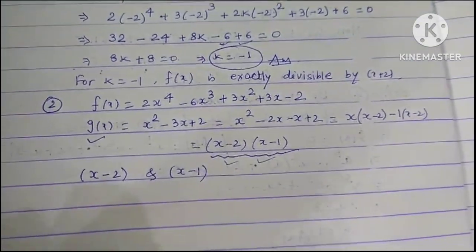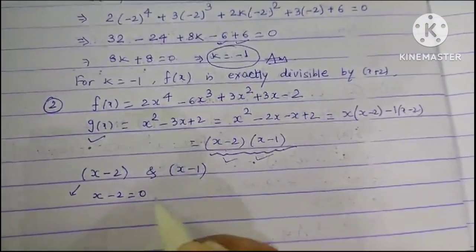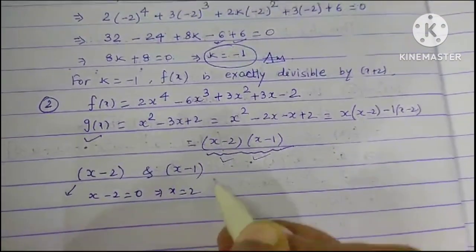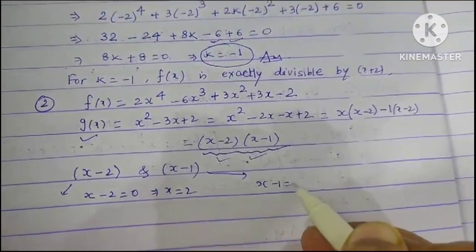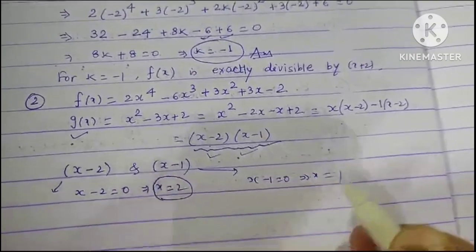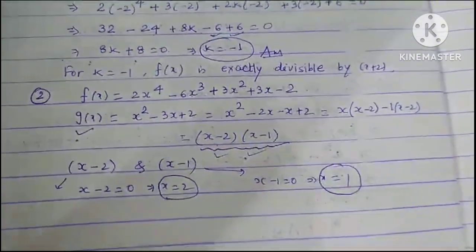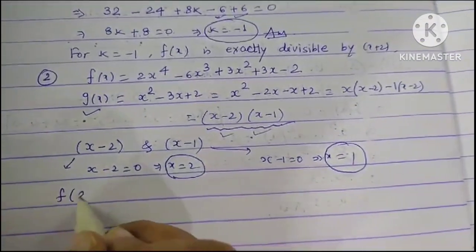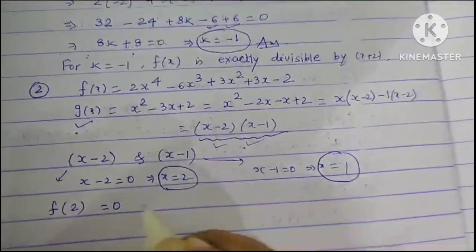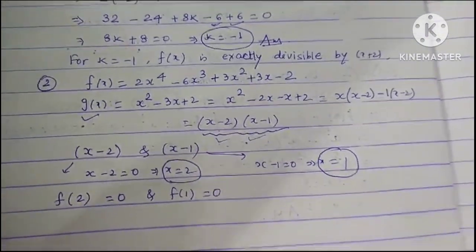Okay, and from here, when we do x minus 2 equal to 0, this implies x equal to 2, and from the other factor you get x equal to 1. So at these two values our f(x) should be 0, that means f(2) equal to 0 and f(1) equal to 0 from the factor theorem.